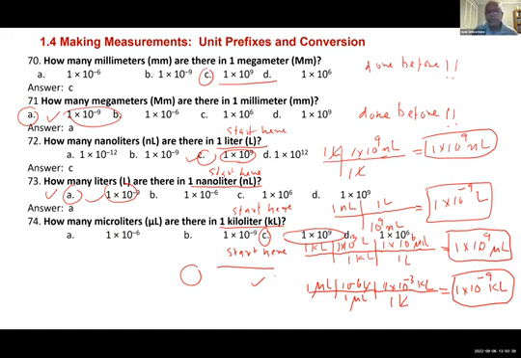So 10 to the 9. The answer is C here. Do you see this is a pretty simple calculation? You find out the conversion factor, and this is called the factor label method. How many microliters are in 1 kiloliter? That's the opposite of that. Do you see that it is going backwards? Therefore, smaller liters, microliters, should have a negative exponent in kiloliters.